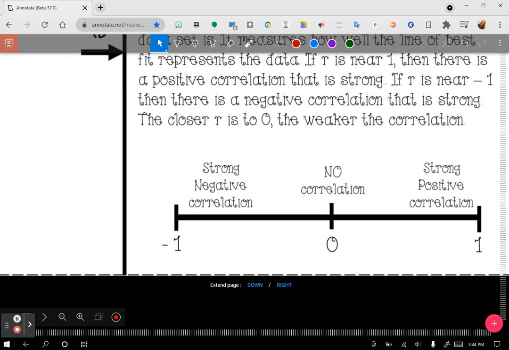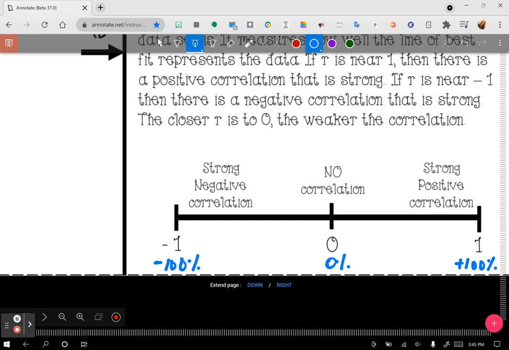I think of these as a negative 100% and a positive 100%. And then of course a 0%, right? And we know that the closer a percentage is to 0, the worse a grade it is.